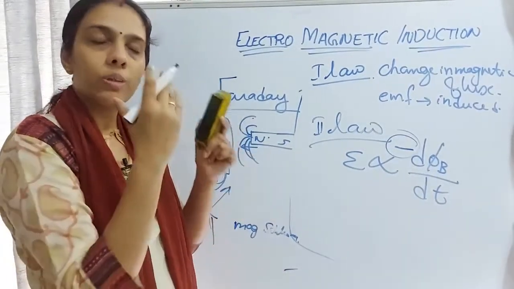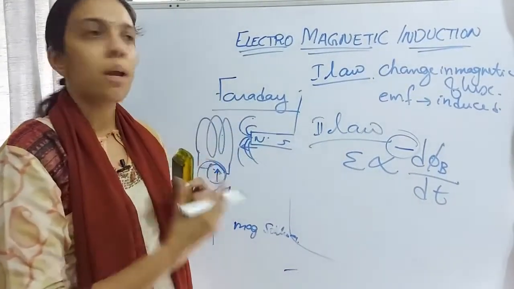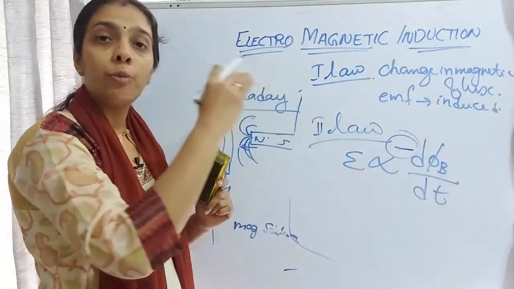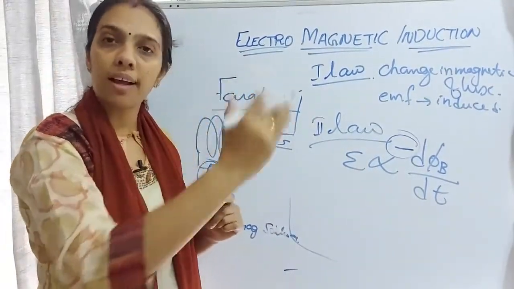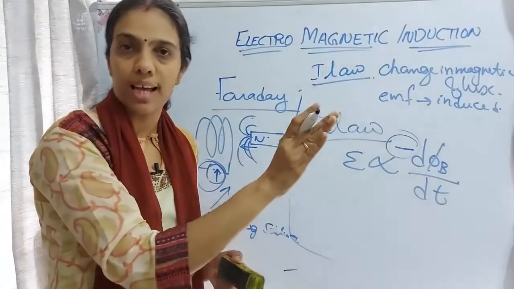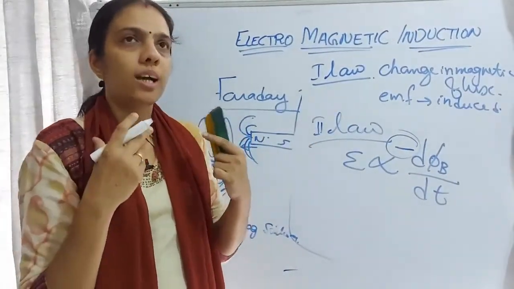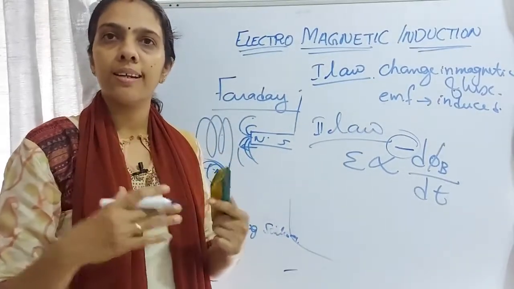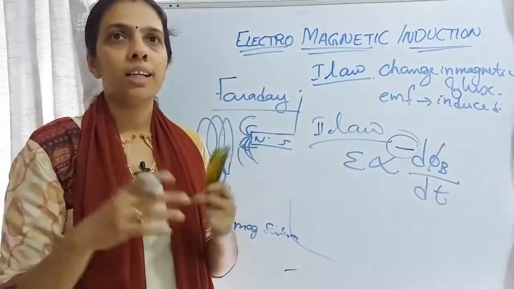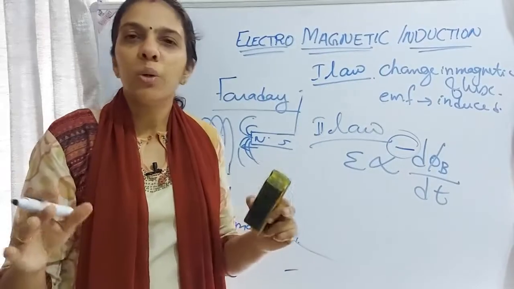cause of its production. What is the cause of its production? Change in magnetic flux. It won't allow the magnetic flux to change. It will always oppose that. Clear? Suppose somebody is controlling us from outside, we won't like it, right?